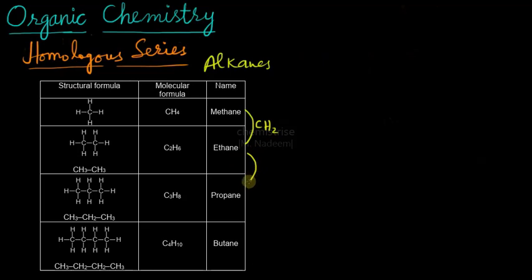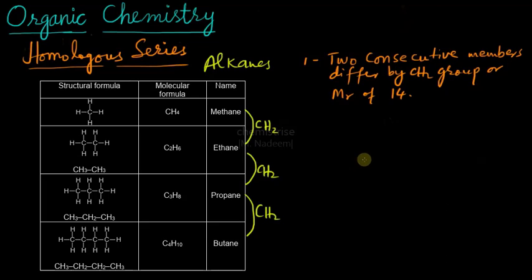If you see the next two, you'll find the same difference, that is CH2. The next two also differ by a CH2 group. So we can say in a homologous series, two consecutive members differ by a CH2 group, or Mr of 14.